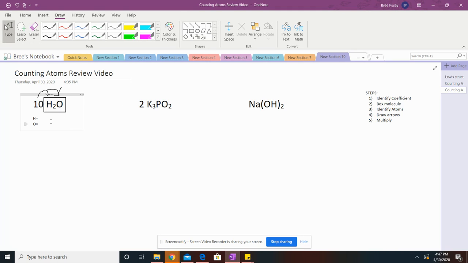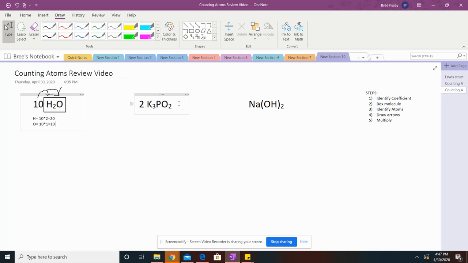And when I multiply that out for H, I would do 10 times 2 equals 20. Great. And for O, I would do 10 times 1 equals 10. Because when there's no subscript after an atom, I know that none means 1, so it's just this 10 multiplied by the 1 H2O that's there.